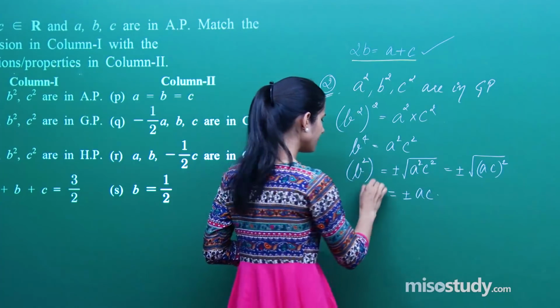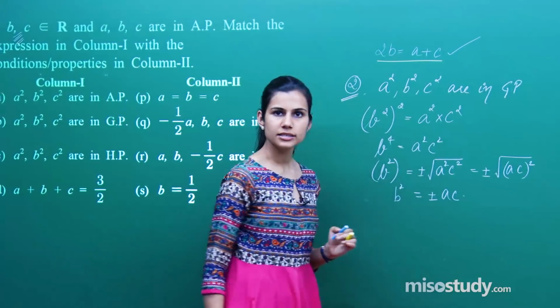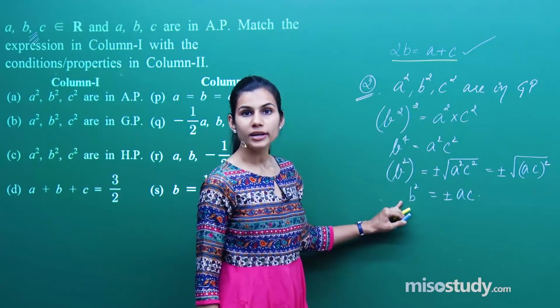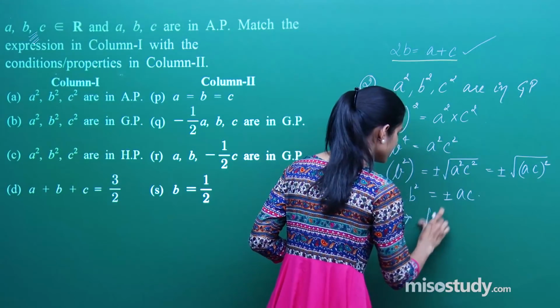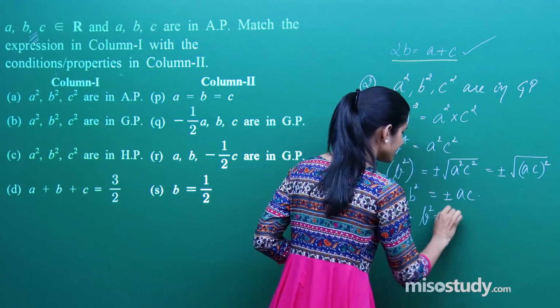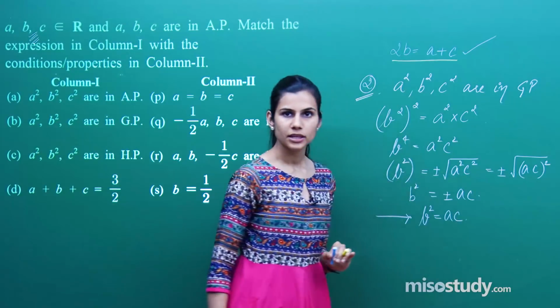B square is equal to plus minus AC. But this is always non-negative. So what you eventually infer from here is that B square is equal to AC.